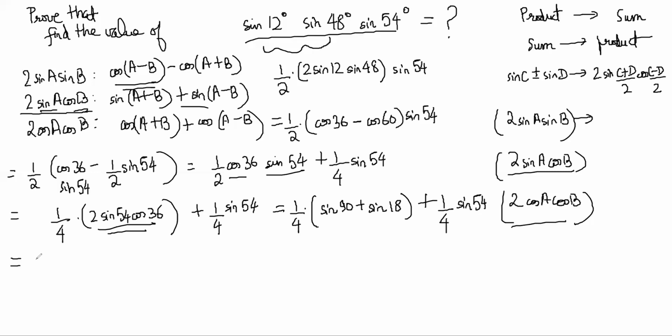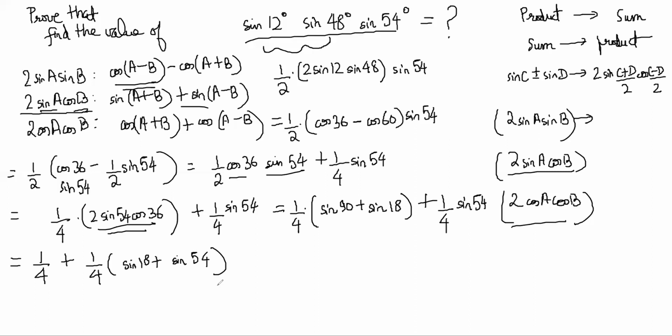So sin 90 is 1. So 1 by 4 common, and it is 1 by 4 into sin 18 plus sin 54, right? This is what we are getting.